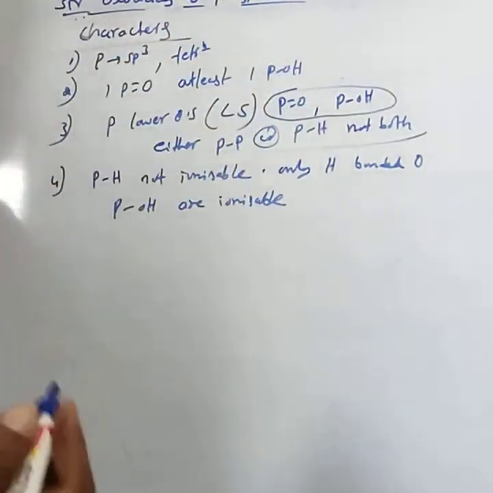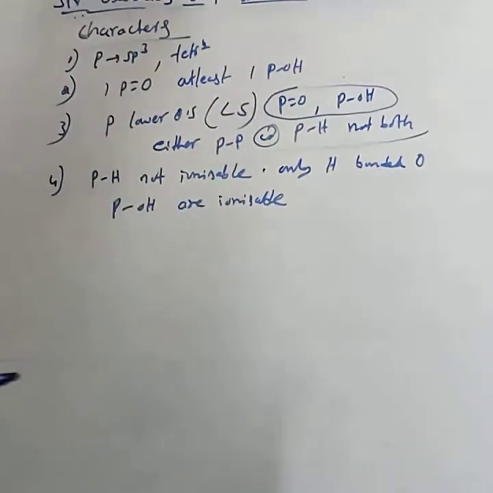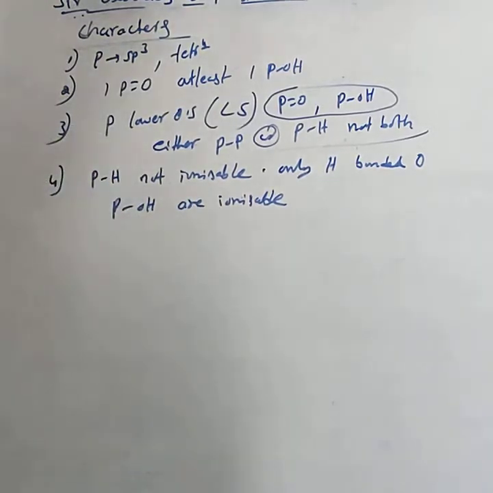Which hydrogen atoms are ionizable means the hydrogen atoms which are bonded to an oxygen atom. Those are ionizable. That is POH. POH bond hydrogen atoms are ionizable, but not PH bond hydrogen atoms.